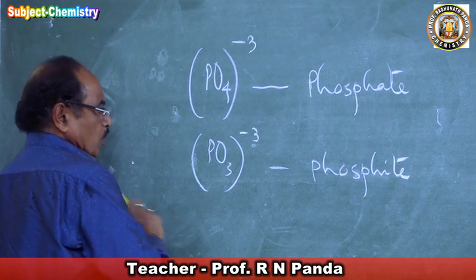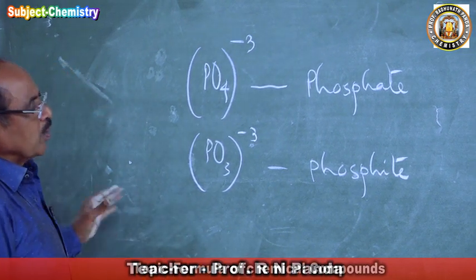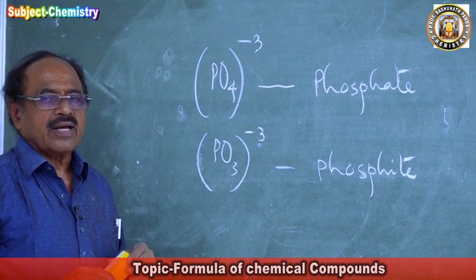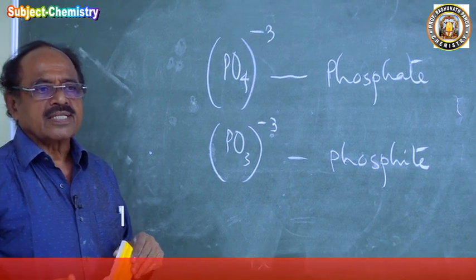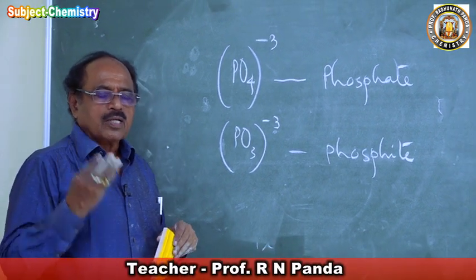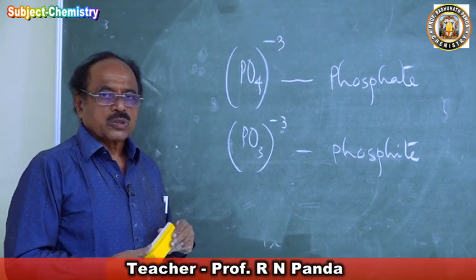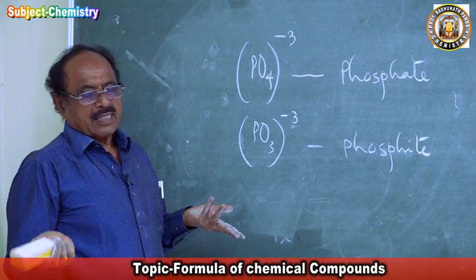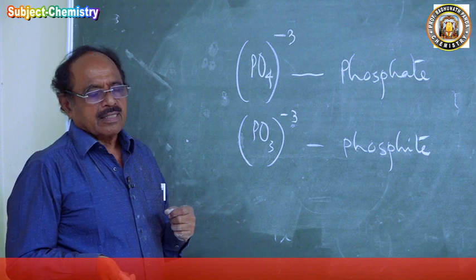So for knowing the oxy anions, how to get their formula and how to get the charge without remembering it, we just look at which group of the periodic table they belong to, and the 8 minus group number gives the charge, and for an anion you write minus.